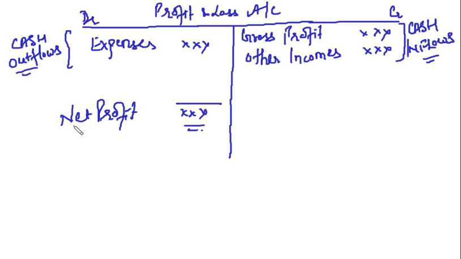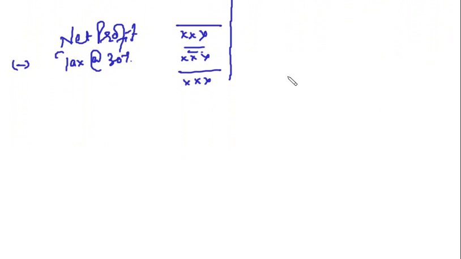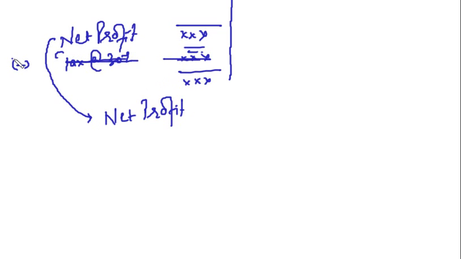Now, the additional thing here is that on this net profit, you will pay a tax, say at the rate of 30%. You get net profit from this profit and loss account.